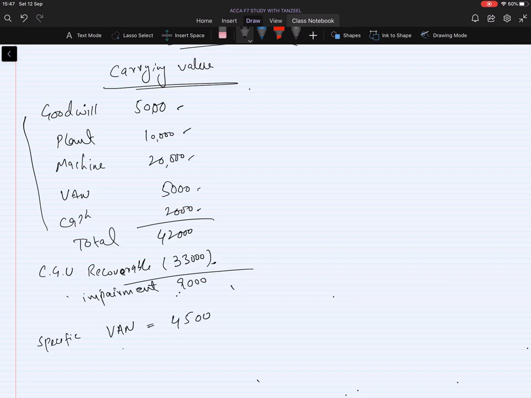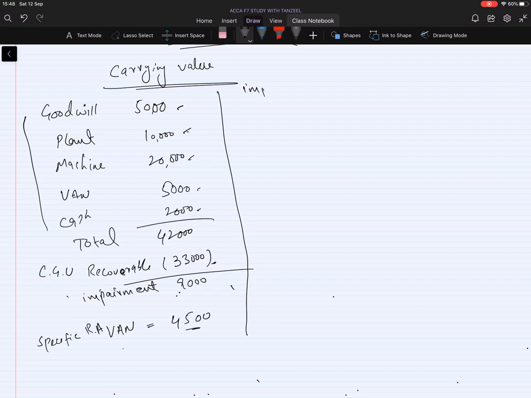And in the question it says specifically that the recoverable amount of van is 4,500. So how will we allocate the impairment? How much will go to goodwill, how much to plant, how much to machine, and how much to van?